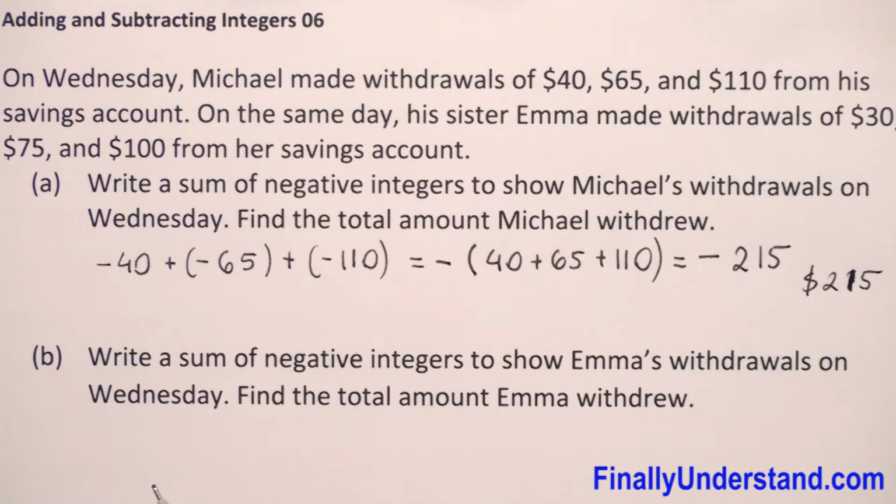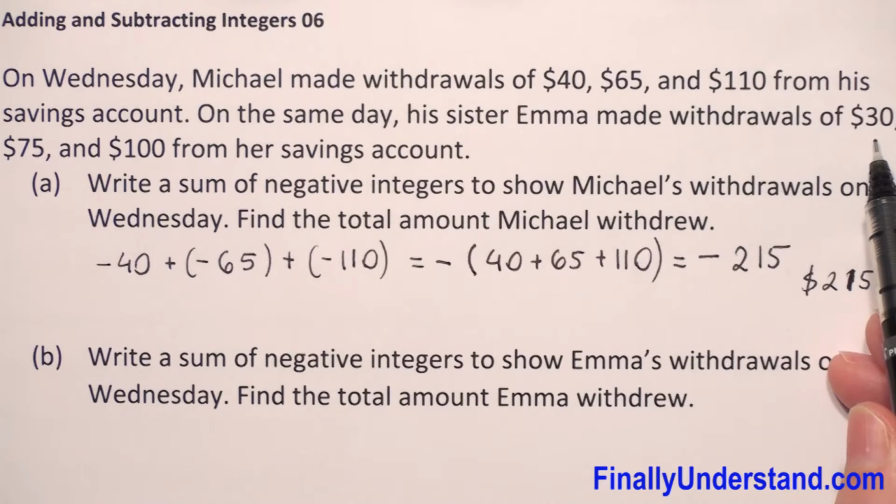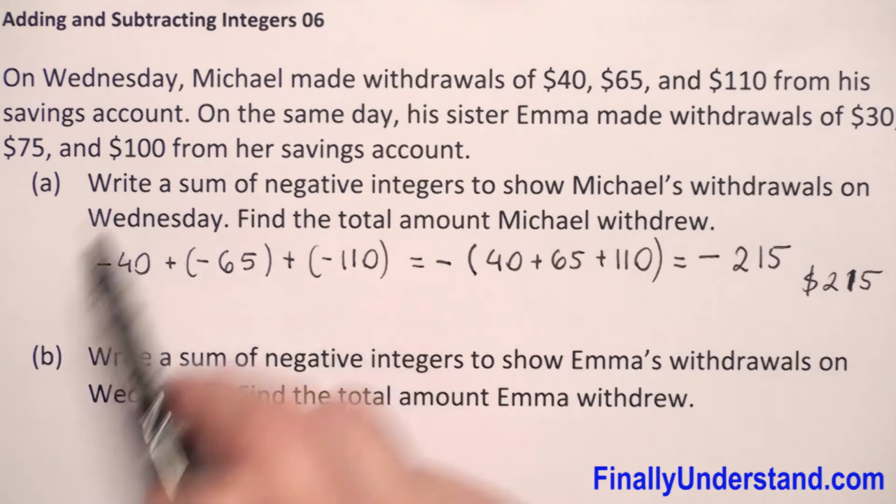Now we have to find the amount of money Emma withdrew. First we have to write the sum of negative integers to show Emma's withdrawals on Wednesday. So Emma first withdrew $30, then $75 and $100.